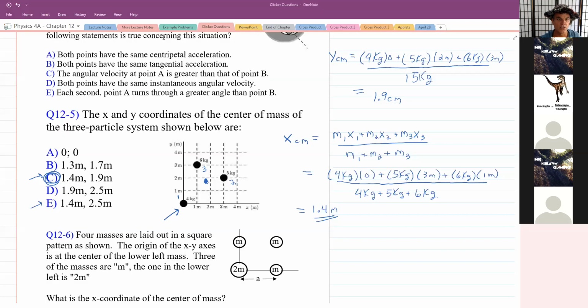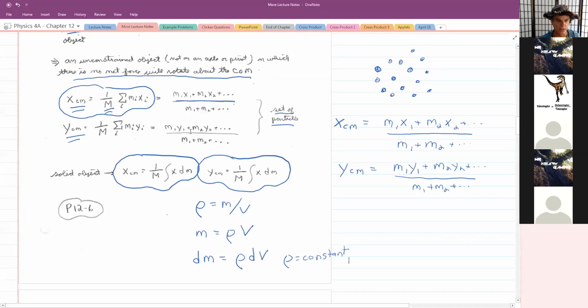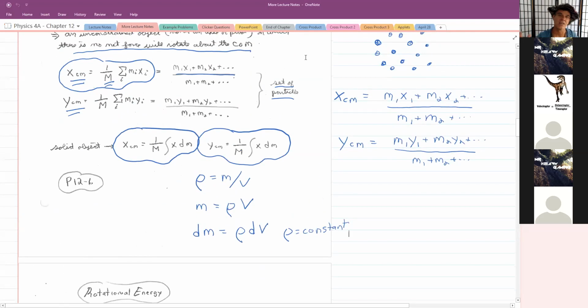So one other thing I want to say about this center of mass is, if I have a solid object and there is some axis of symmetry, the center of mass of a solid object will always be along the axis of symmetry, which, if you haven't had so far in math, don't worry about. But what that means really is, let's say I had a solid object, a stick or something.